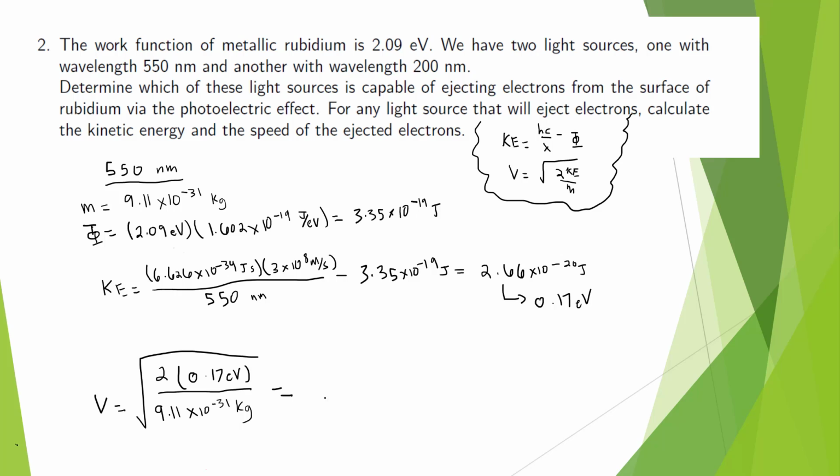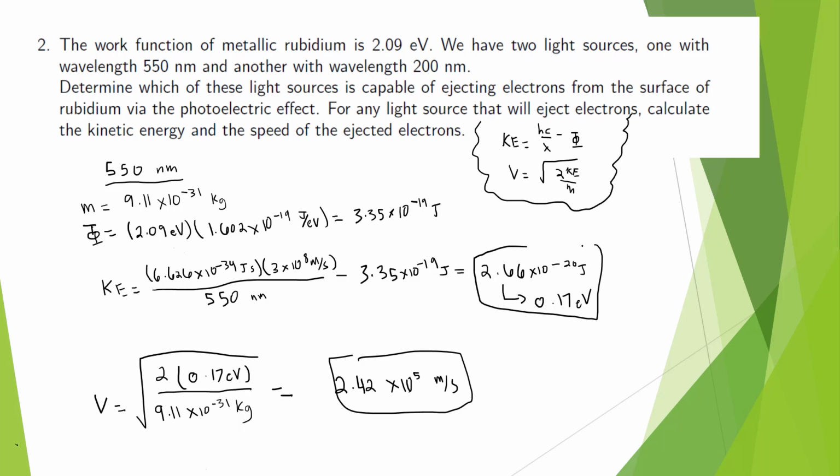And that gives a value of 2.42 times 10 to the 5 meters per second. These are the answers for part 2 of the question for a wavelength of 550 nanometers.